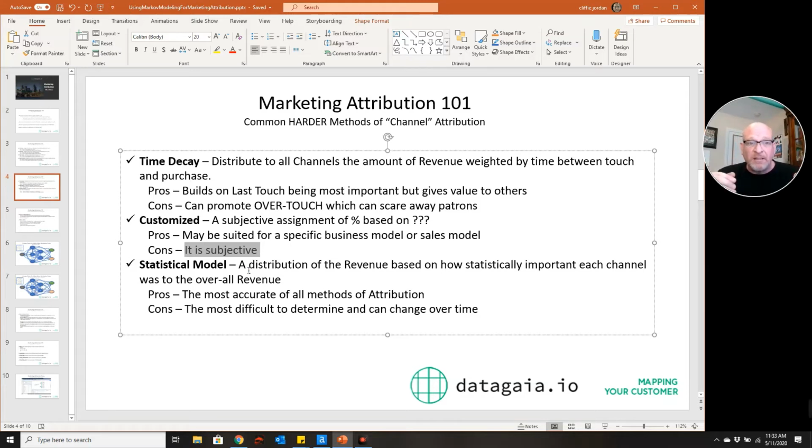The con is that it is the most difficult to do. Oftentimes you're going to need a data scientist to actually do the work. Okay, but it is well worth the investment if you're spending a lot of money on different channels and you really want to know how much each channel is bringing you in. It can be very well worth the investment in getting a data scientist to do this. It is difficult, but it can be worth it.